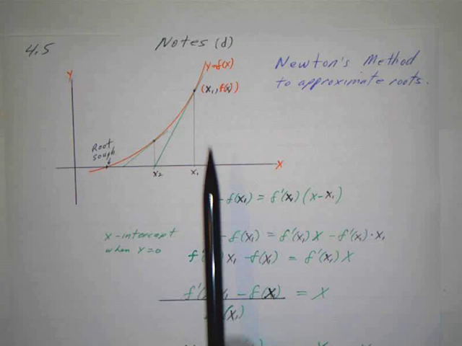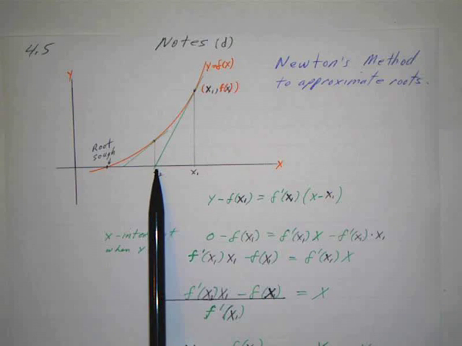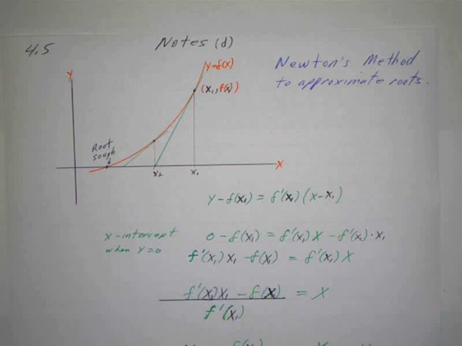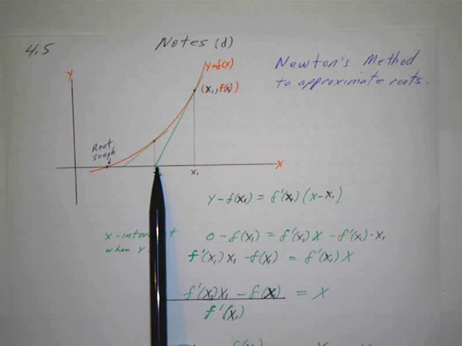Now, when y is 0, we're going to actually have the x-intercept of this green line, this tangent line. In other words, when y is equal to 0, the values will give us what x is. So let's set y equal to 0 and solve for x. So we'll find out where this point is. When y is 0, that means it's the x-intercept, that means it's on the x-axis.